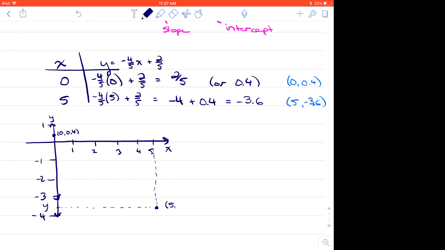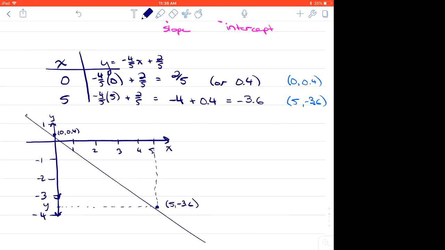So here we're at 5, negative 3.6. Now if we take our straight edge and connect the dots, it's a little off, but doesn't matter.